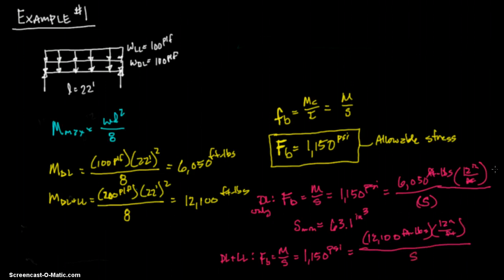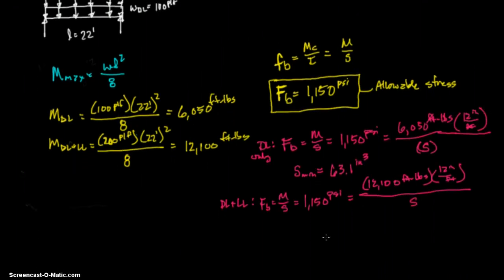And you'll have S. Let's go down again. So your S min for dead load and live load equals, now remember, I still haven't factored it, and I'll show you this in a minute, 12,100 times 12 divided by 1150, 126, and hopefully that makes sense.